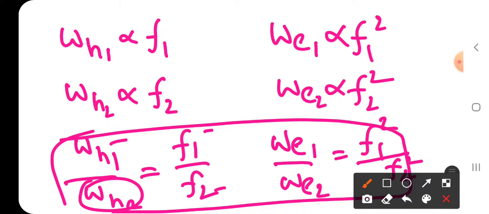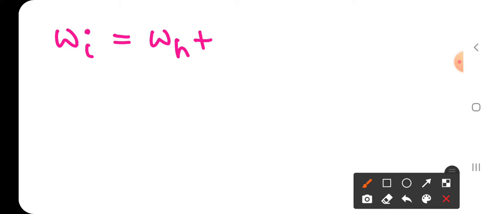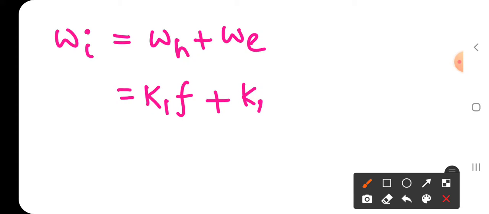Equations are different. So hence, I write the core loss, which is also called iron loss, as equal to hysteresis loss plus eddy current loss. This is K1 into F plus K2 into F square.